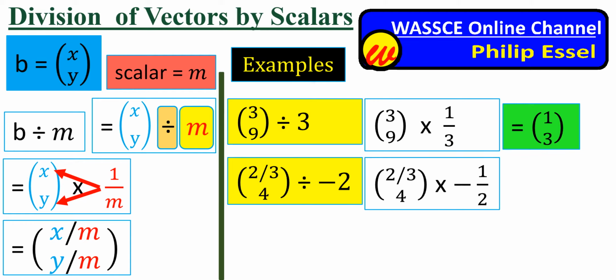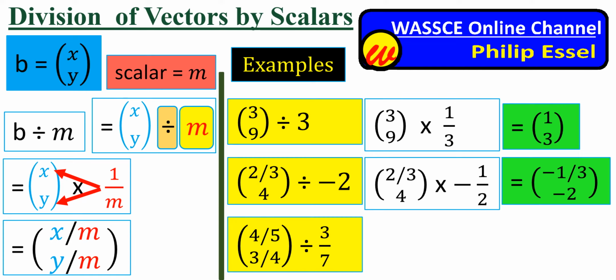So that would give us the vector 2 over 3, 4 times negative 1 over 2. That is the scalar. So the negative 1 over 2 would first multiply the 2 over 3, and that would give us negative 1 over 3. Then it will multiply the 4, and that will give us negative 2.